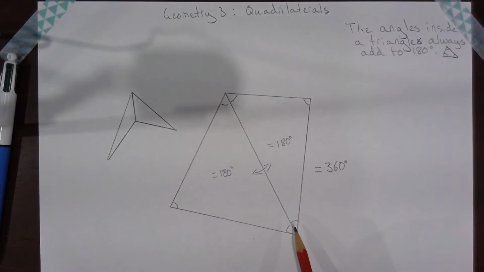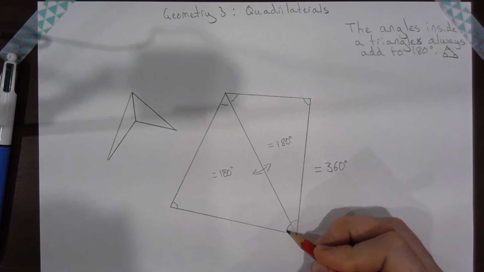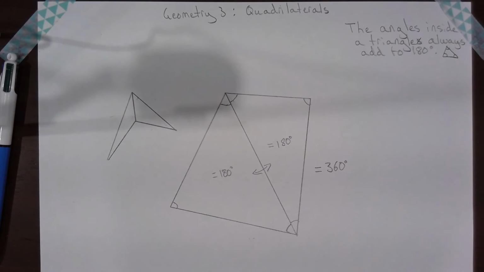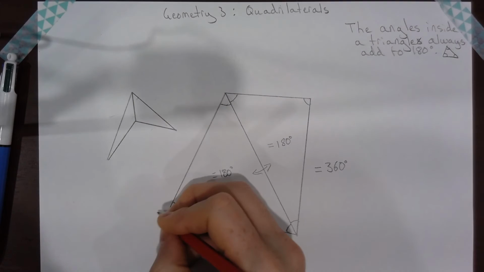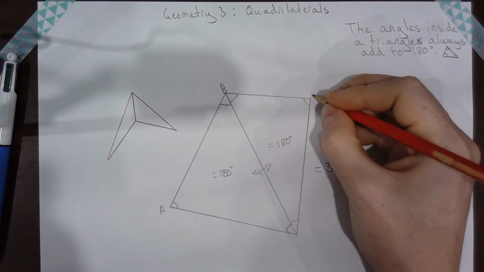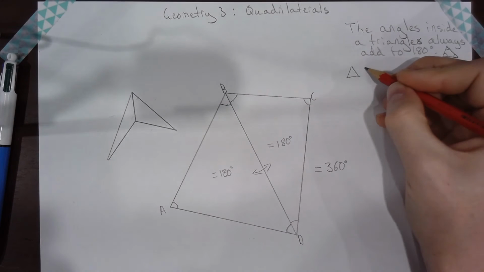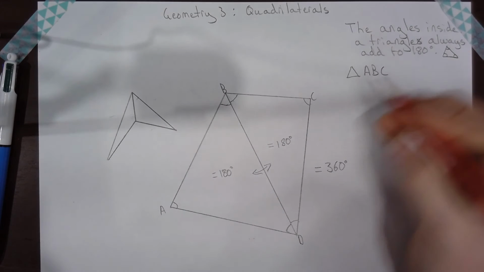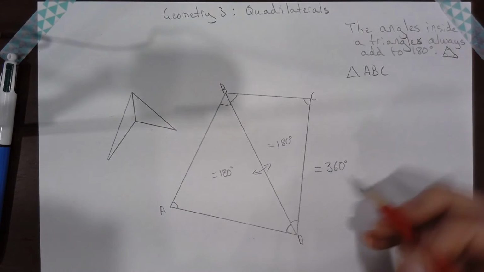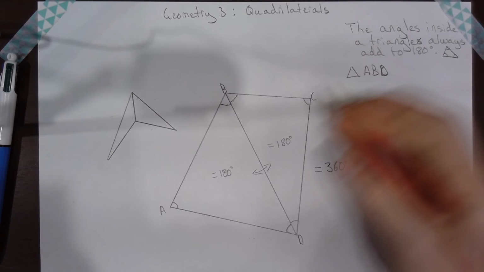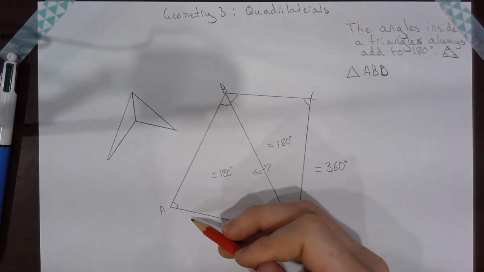I'm going to show you the working out on the side, because if we were in an exam, we wouldn't write it like I've written it here. It's not very mathematically correct. What we'd actually do is we'd name our points like always. So here's point A, here's point B, here's point C, and here's point D. What we would say is triangle ABD equals 180 degrees.